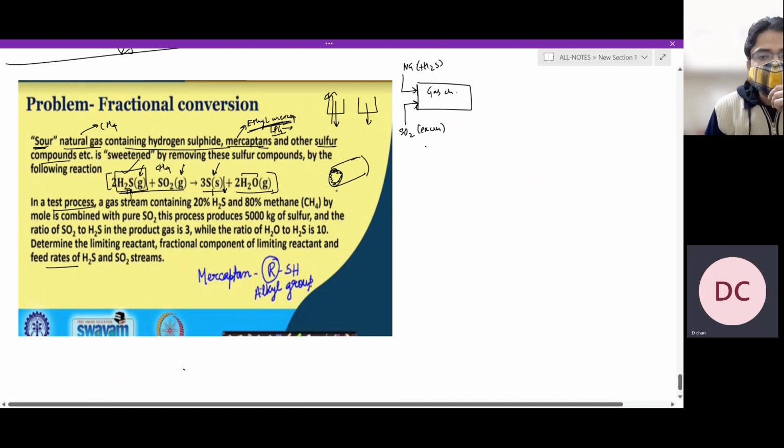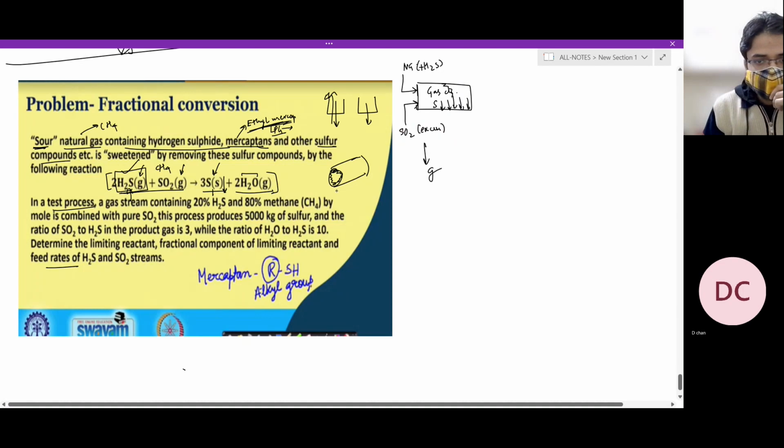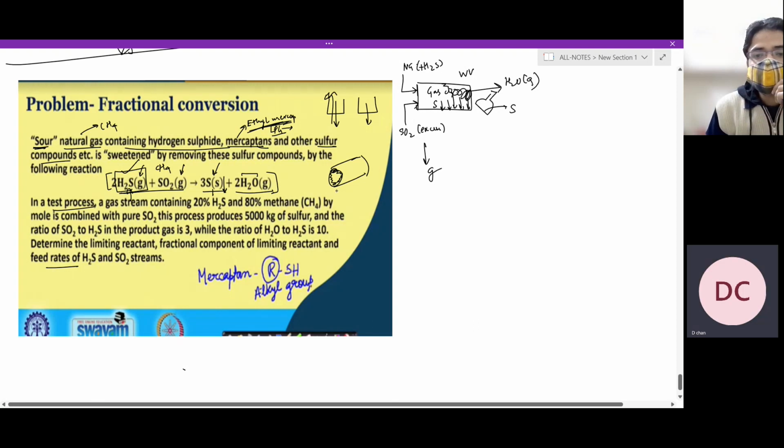Now, as this reaction is proceeding, sulfur starts depositing at the bottom, given gravity, right here. Solid sulfur starts depositing here, and all this becomes water vapor, and we are collecting everything outside. We are also scraping out the sulfur that is being deposited here. So this is what's happening physically.